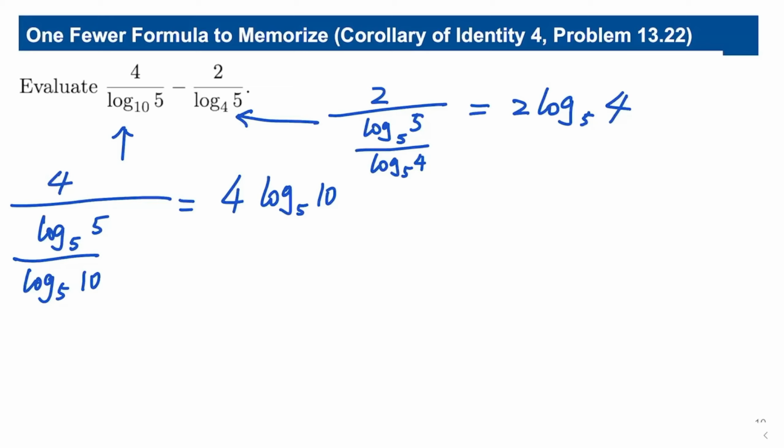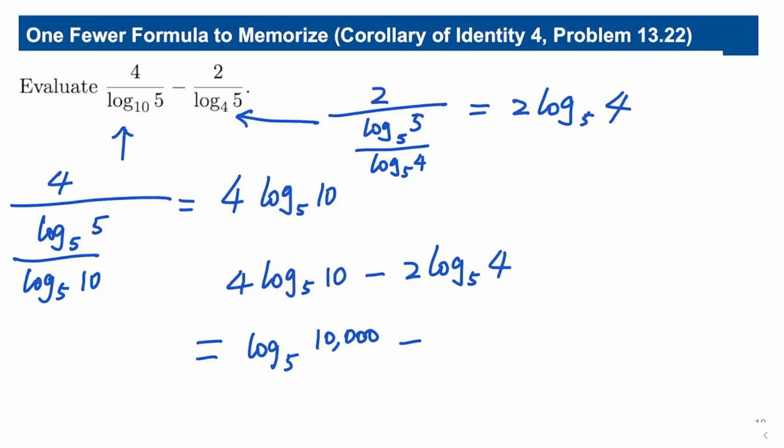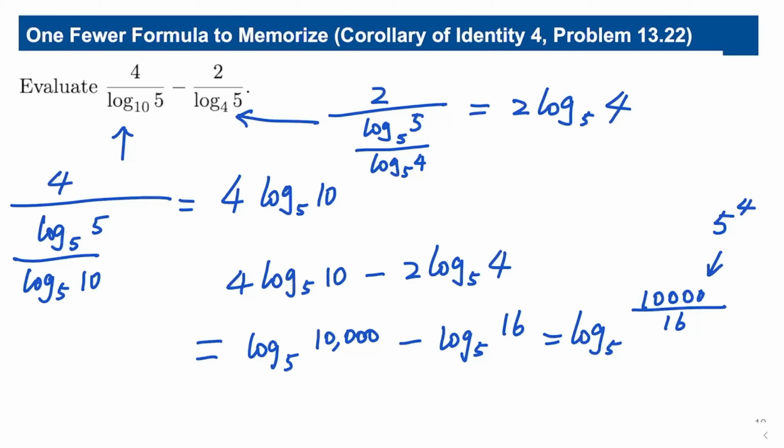Therefore, the whole thing is 4 times log base 5 of 10 minus 2 times log base 5 of 4, which is log base 5 of 10,000 minus log base 5 of 16, which is log base 5 of 10,000 divided by 16. This number equals 5 to the power of 4. Therefore, the whole thing equals 4.